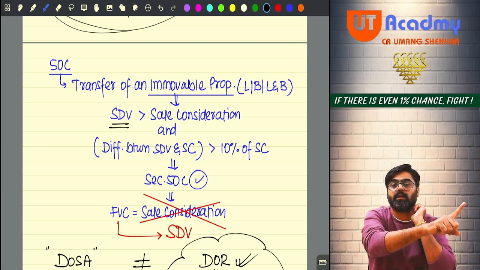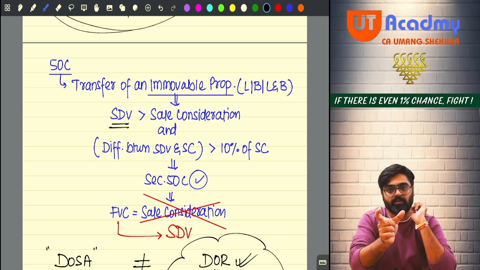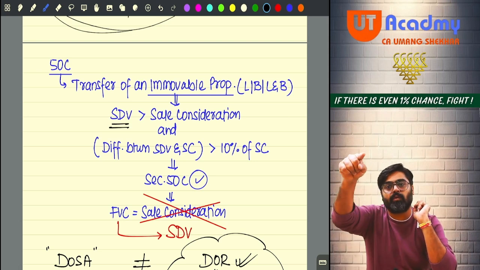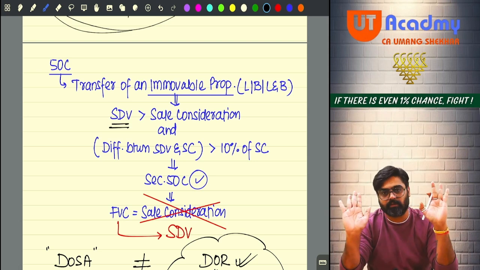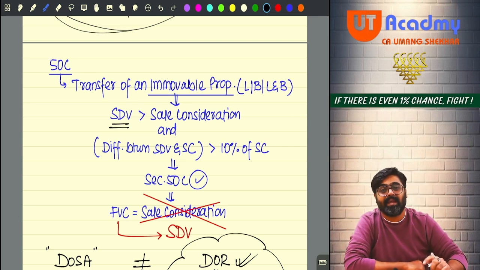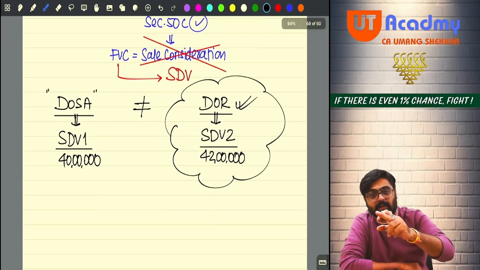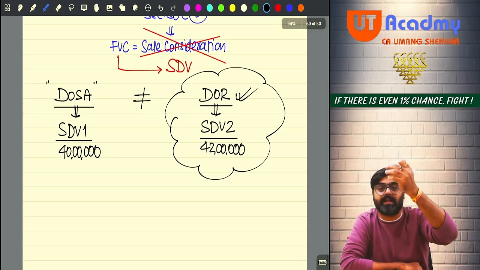So as on the date of registration, whatever stamp duty value is there, take that for the purpose of section 50C, always. But there is one exception. In that exceptional case, the stamp duty value as on the date of sale agreement can also be taken.